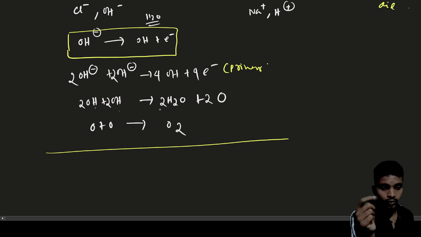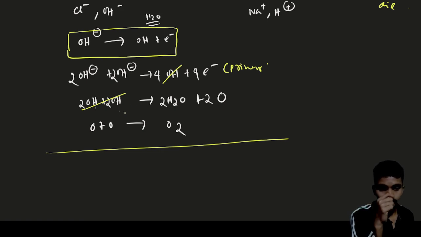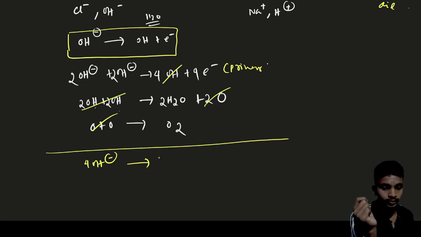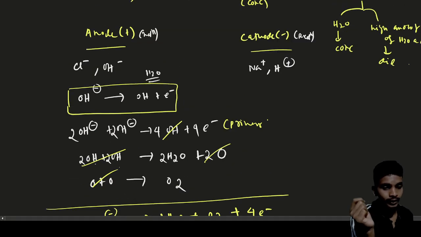If you add the whole thing, the 4OH cancels, and the 2O cancels. So what will remain? 4OH minus, and the others all cancel. That is going to give 2H2O plus O2 plus 4 electrons. So this is the final reaction at the anode.